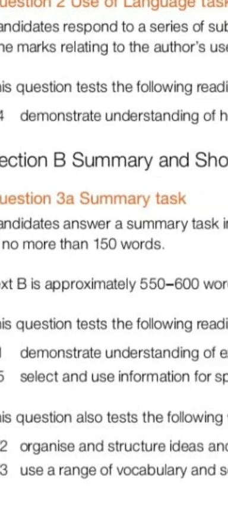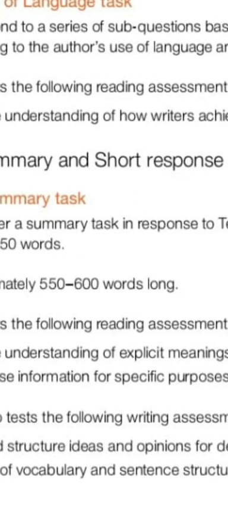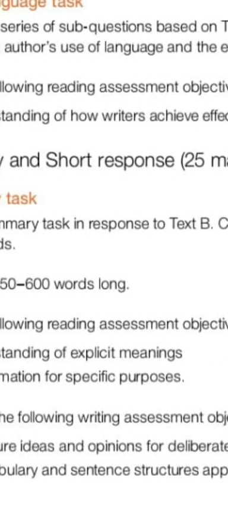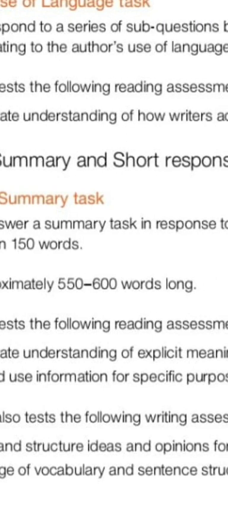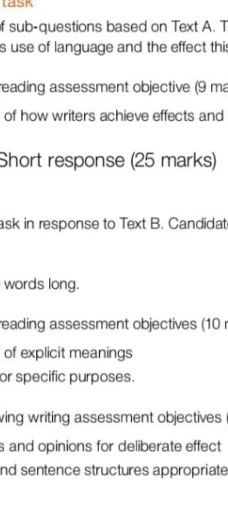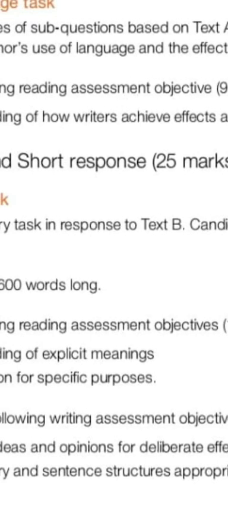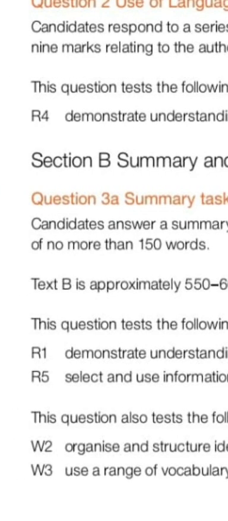Writing objective number 2 is organize and structure ideas and opinions for deliberate effect. That means all the information that you have selected there, you have to organize that and structure all those ideas and opinions for writing the summary. And once you have those ideas with you, you have to write them in your own words.